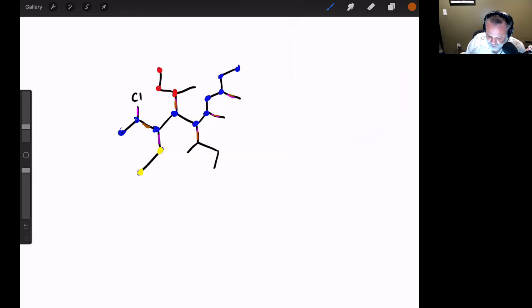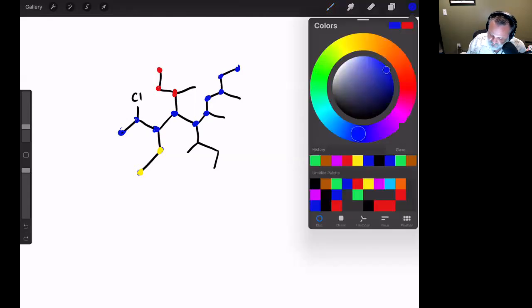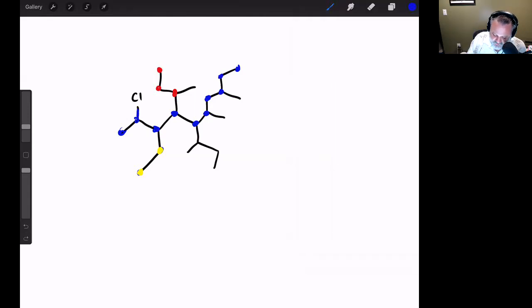That's not as many. Let's try the red one: 1, 2, 3, 4, 5. So the longest chain is going to be 10 carbons, and it's going to be the one that's kind of straight across, because it should have 6 substituents if we counted right.